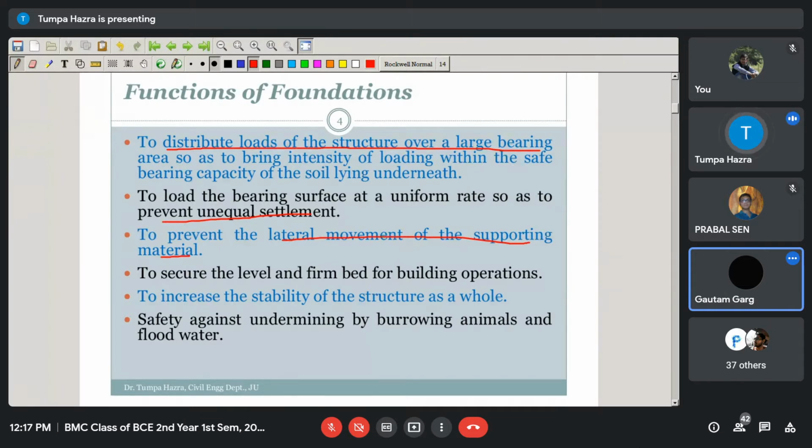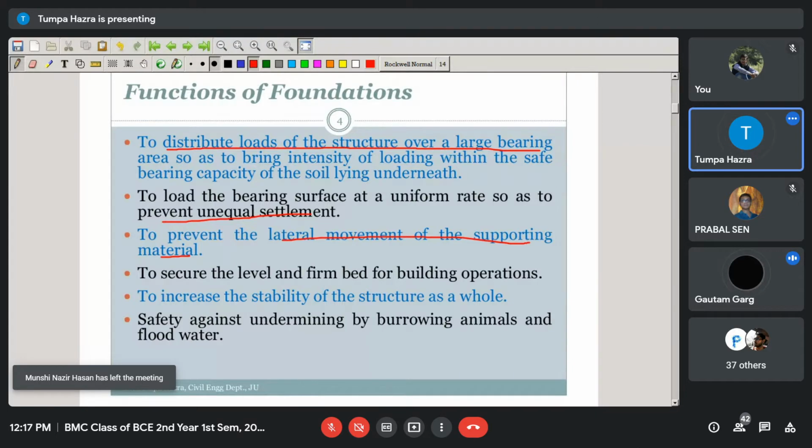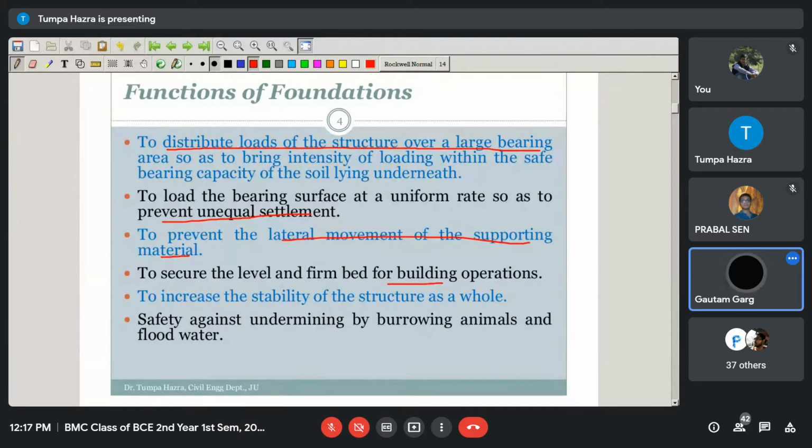Fourth one is the provision of a level surface, to provide the level and firm bed for the smooth operation of the building. The idea?